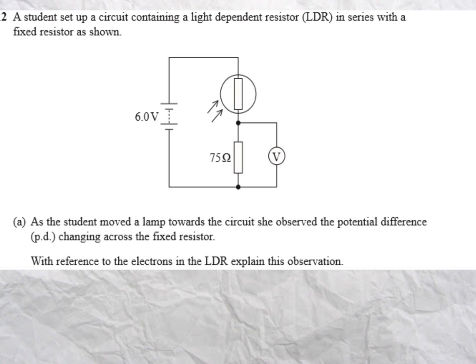Mark 3, what decides what the resistance of the LDR is? Well, that's brightness. The brighter it is, the lower the resistance. Mark 4, we have to talk about electrons in the LDR. It says so in the question. What happens in the LDR when it gets bright? Well, light energy is getting absorbed by the silicon in the LDR.